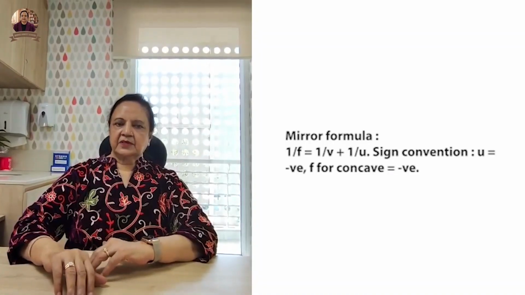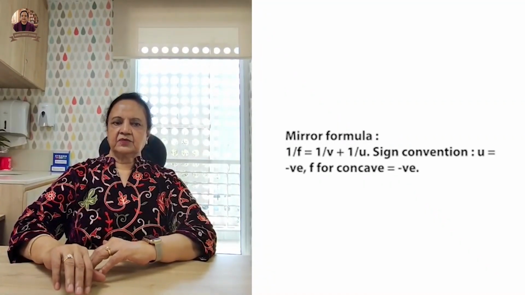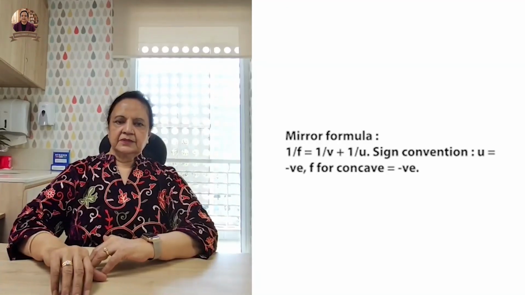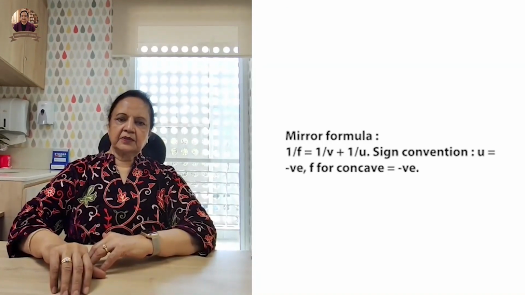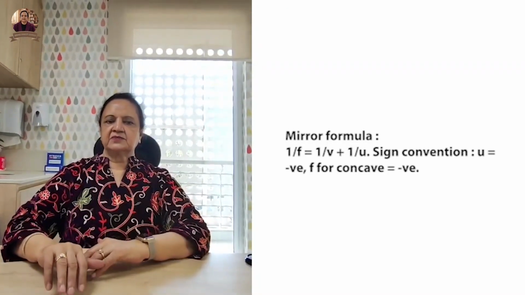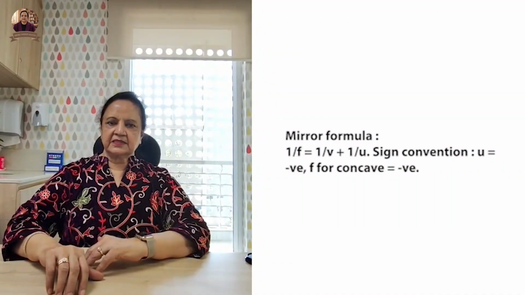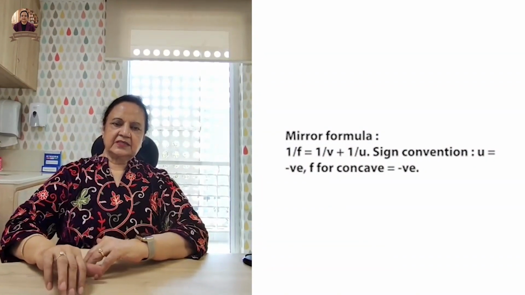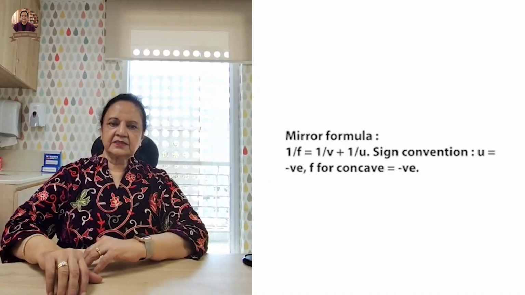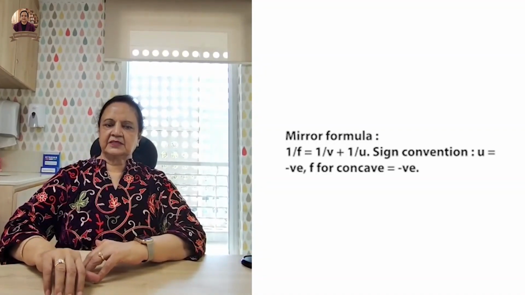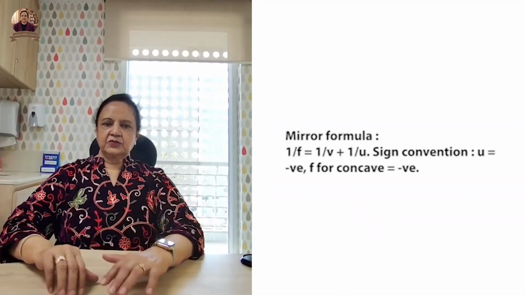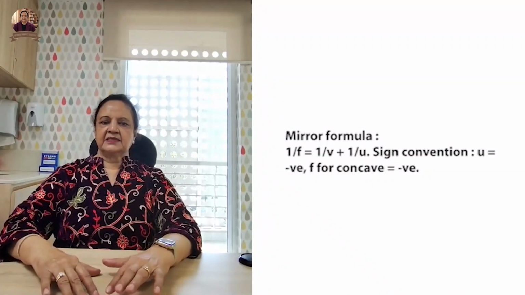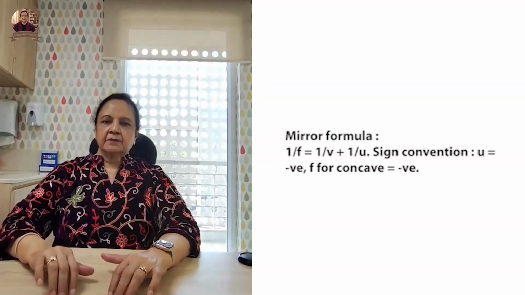Formula is 1/v = 1/f minus 1/u. So 1/(-20) minus 1/(-30) is equal to 1/60. So v is minus 60 centimeters. Minus sign shows that the image formed is real. It is in front of the mirror.